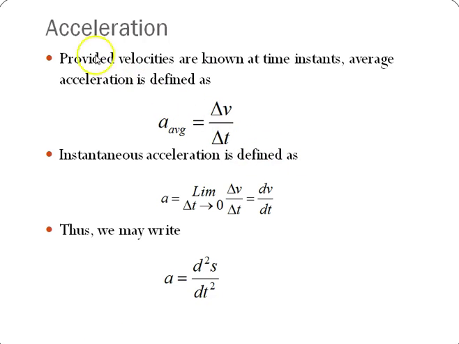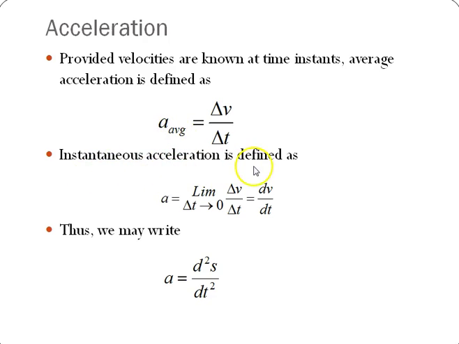We go to the next definition, that is acceleration. Provided the velocities are known at time instances, average acceleration is defined as delta v over delta t. Again, since delta t is always positive, sign of delta v indicates the sign of average acceleration.